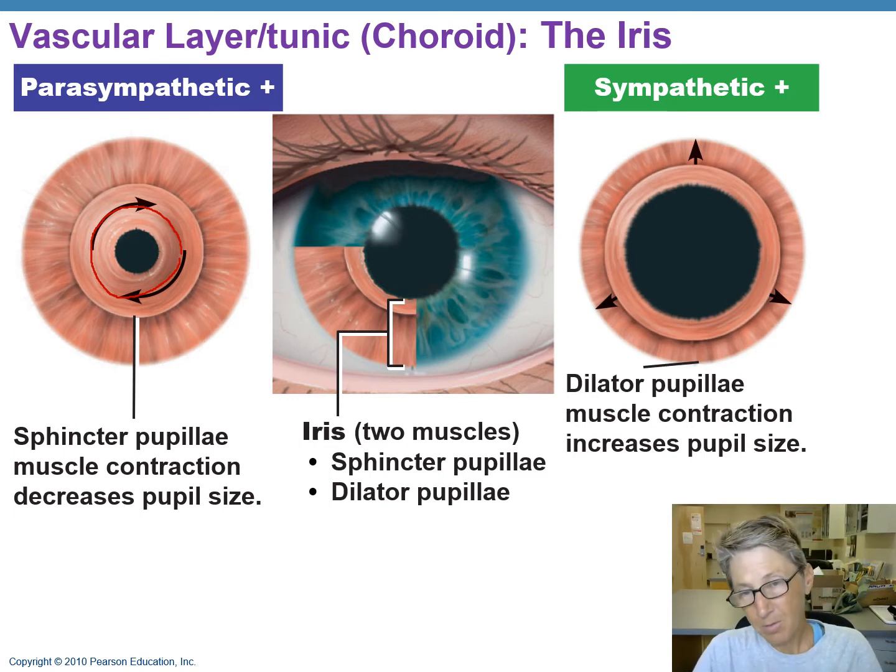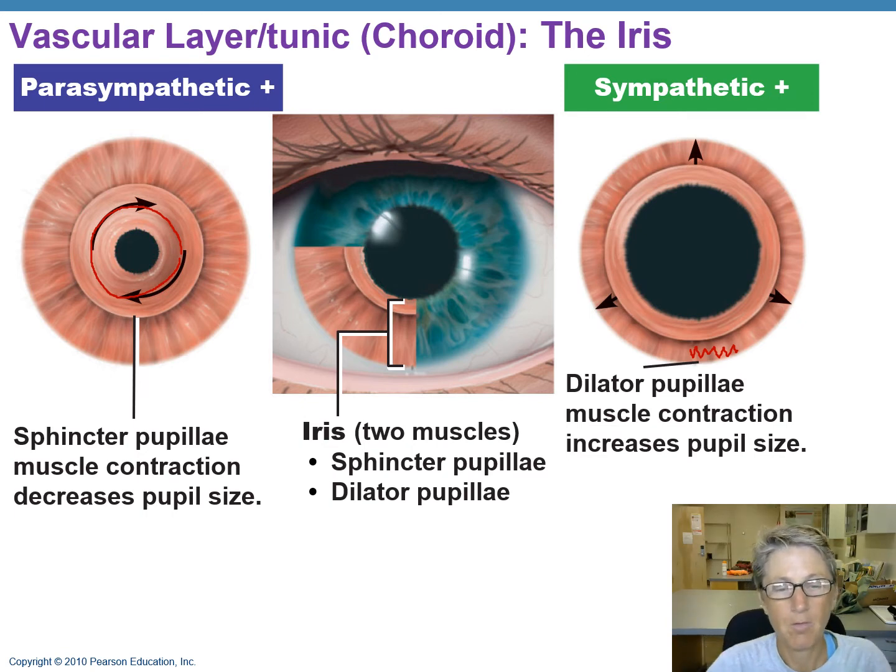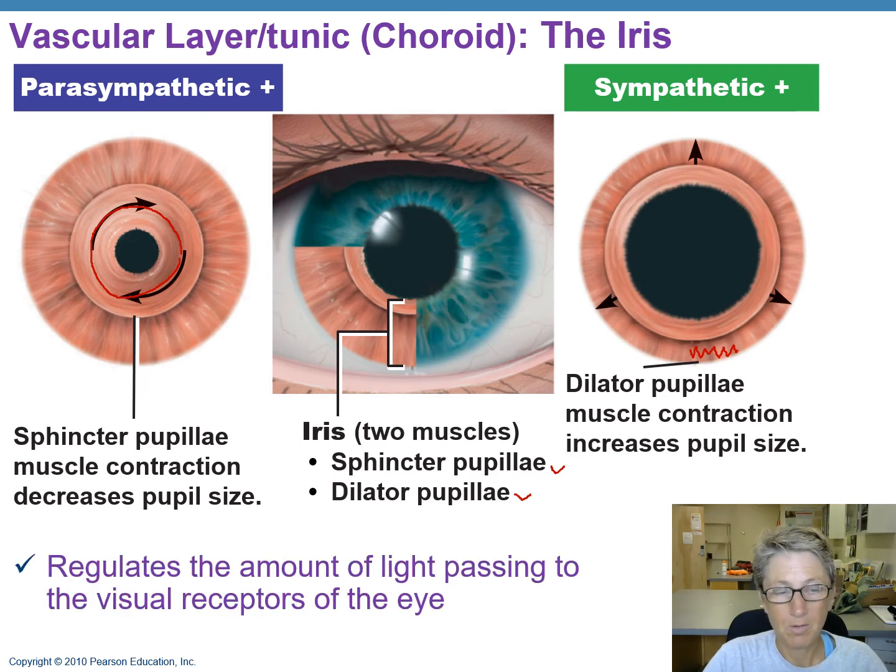And in sympathetic nervous system situation, this muscle out here, the dilator pupillae, contraction will increase the pupil size. So there's two modified smooth muscle cells of the iris, or two muscles, the sphincter pupillae and the dilator pupillae. And those muscles are not skeletal muscle, they're not cardiac muscle, they're smooth muscle.